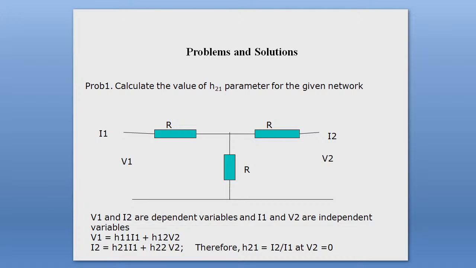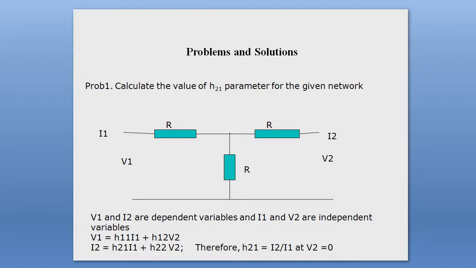Now you calculate the value of H21 in terms of resistance, by using Kirchhoff voltage law, KVL or KCL, whatever. Generally we use KVL, Kirchhoff voltage law, for solving such type of problem.